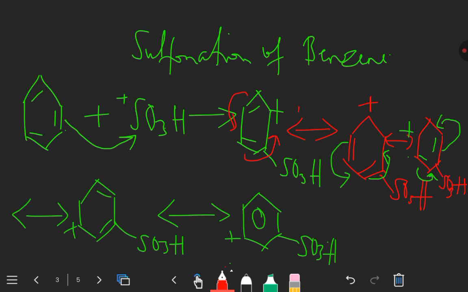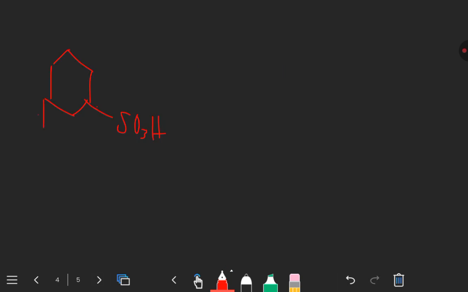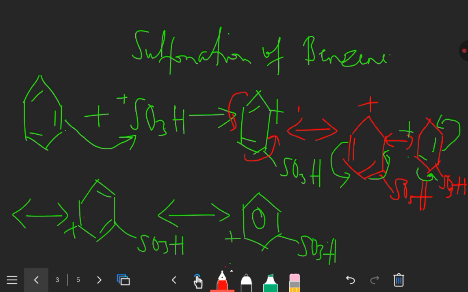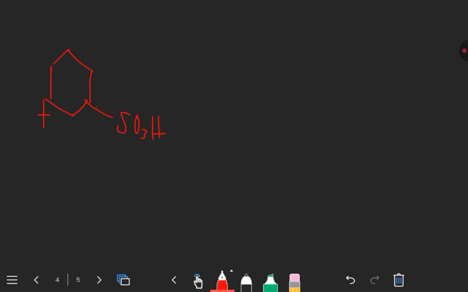Okay, so the positive charge was here. So the positive charge is there. Then let's check the double bonds. Okay, so the double bonds are here and there. So now what we can do, there's a hydrogen which is here. Here there is one hydrogen because this carbon is bonded to two things, meaning that actually there are three hydrogen, but we just need one. Deprotonate it so that we can form the double bond.